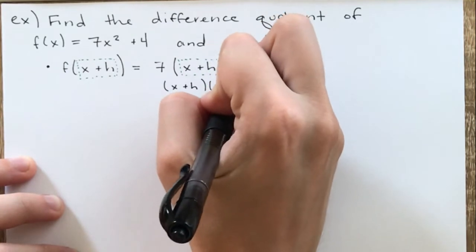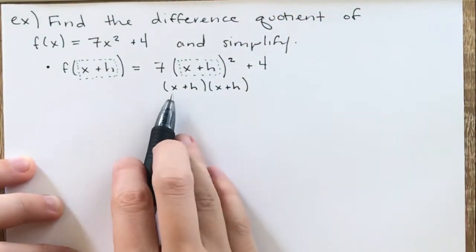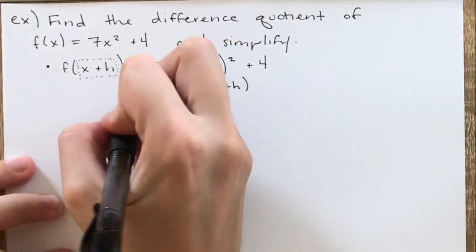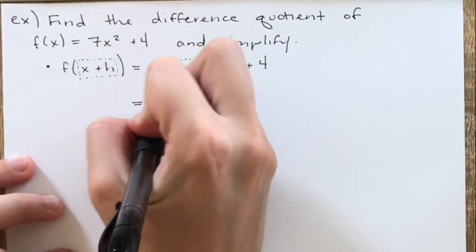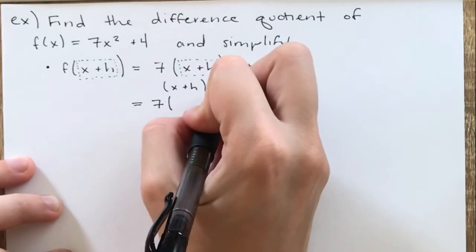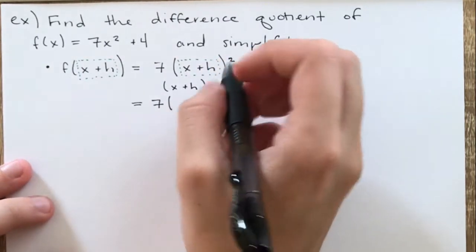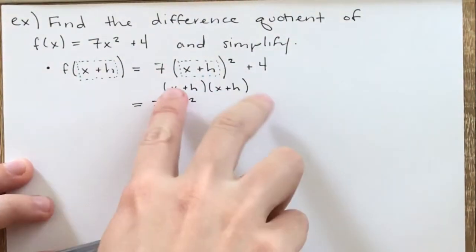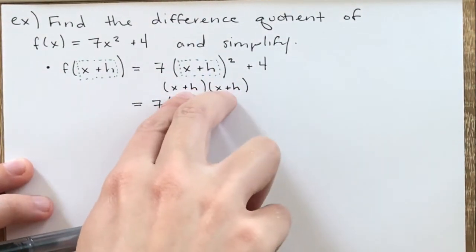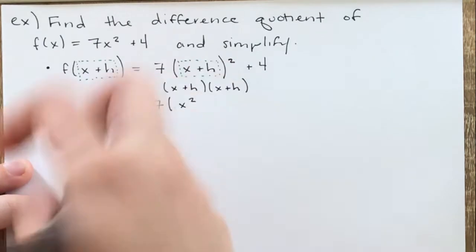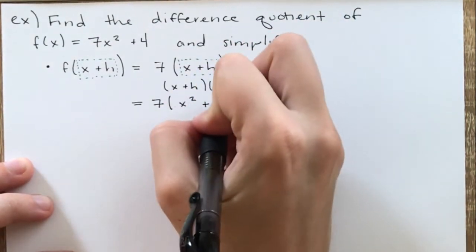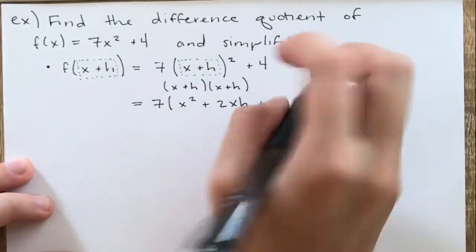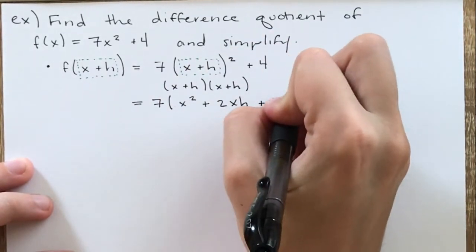Remember, x plus h squared is x plus h times x plus h. When I square it, I get first, outside, inside, last, FOIL. So first gives me x squared. Outside gives me x times h, but inside also gives me x times h, so I have 2x times h. And then last gives me h squared.